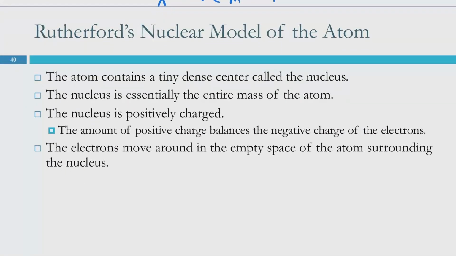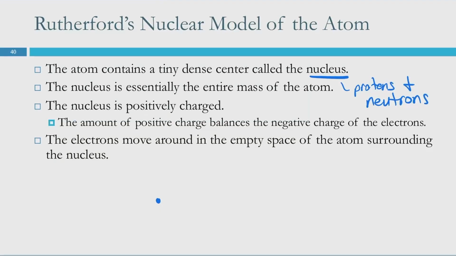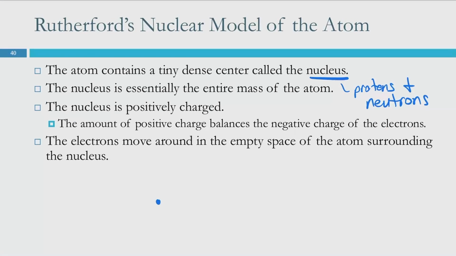Rutherford came up with a nuclear model of the element. In his model, the atom contains a tiny dense center called the nucleus. The nucleus is essentially the entire mass of the atom. It's positively charged. The protons and the neutrons live there. I don't know if this is explicitly part of Rutherford's model, but we know that now. So protons and neutrons are in the nucleus.